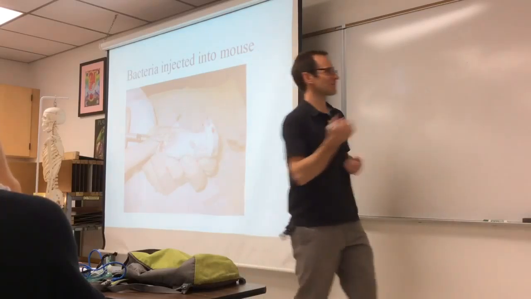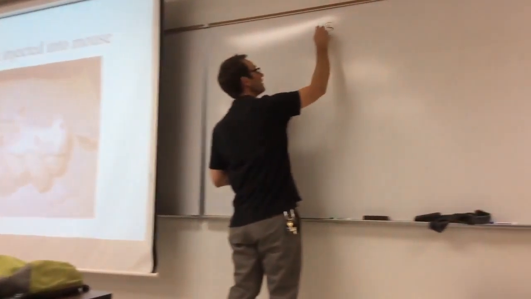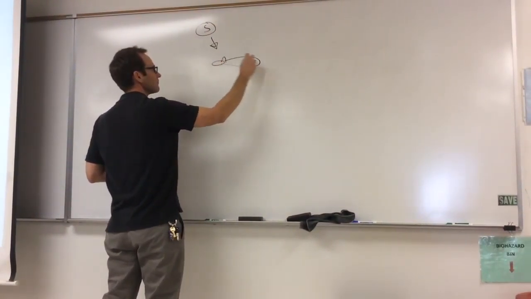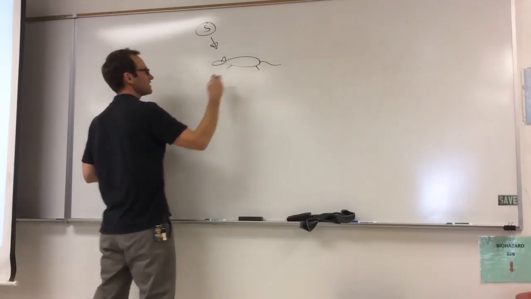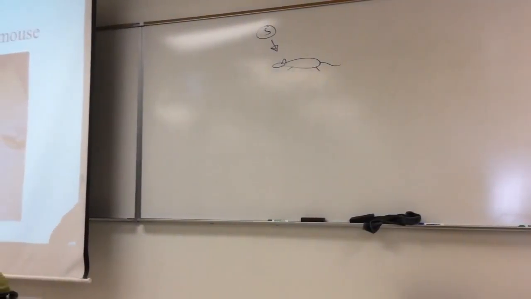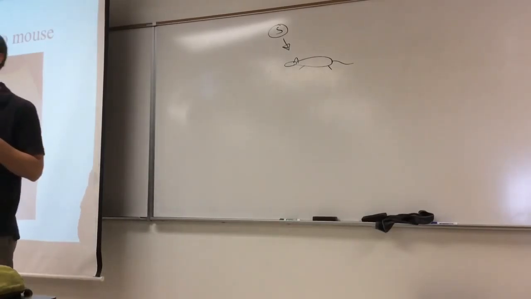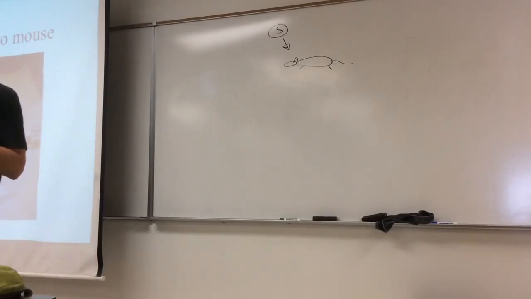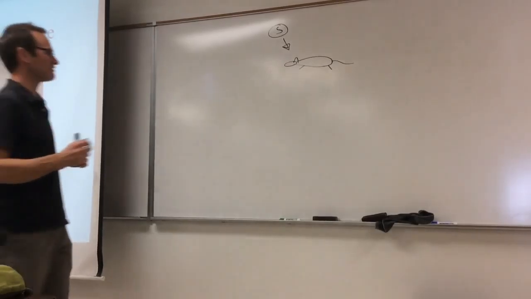But in any case, if you take the S bacteria and you inject it, I've been practicing these mice for quite some time. On your little sheet here, those are not supposed to be bacteria. Those are actually supposed to be mice. Bacteria with heads, ears, and feet.